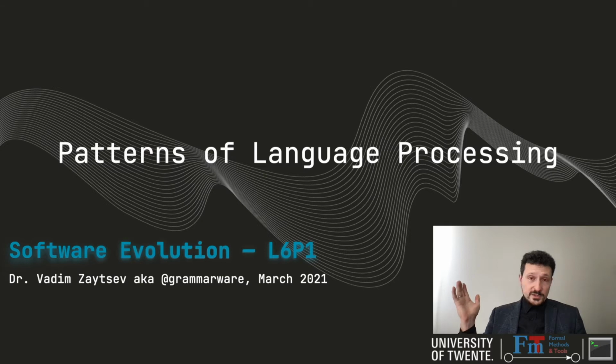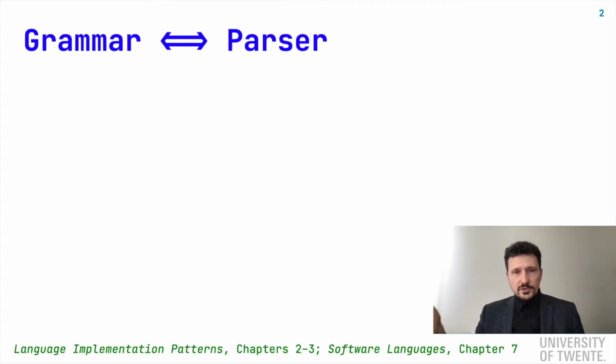The first topic is the grammar and the parser, right? So we have the grammar, we have the parser, and how they are related. Many of you used ANTLR, and that means that you are generating the parser from the grammar. But then, of course, there is this connection between the grammar and the parser that is harder to trace because it's hidden behind a tool which does a pretty sophisticated job in order to enable certain things.